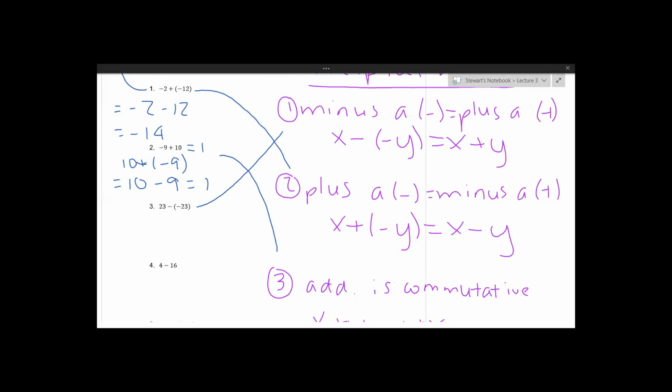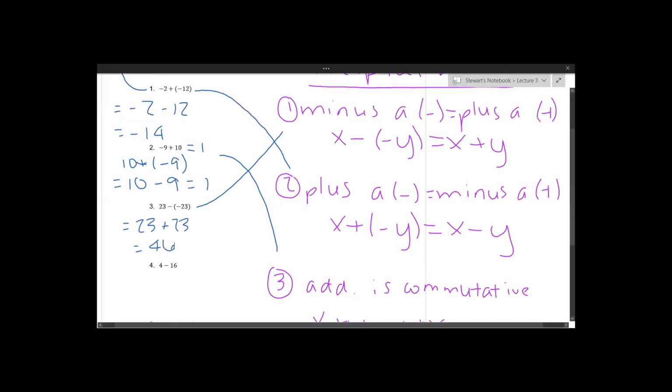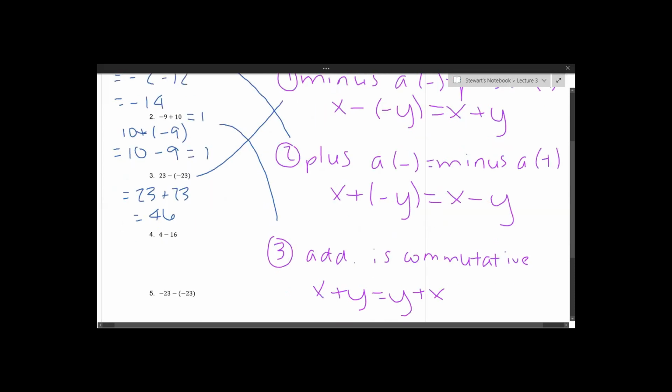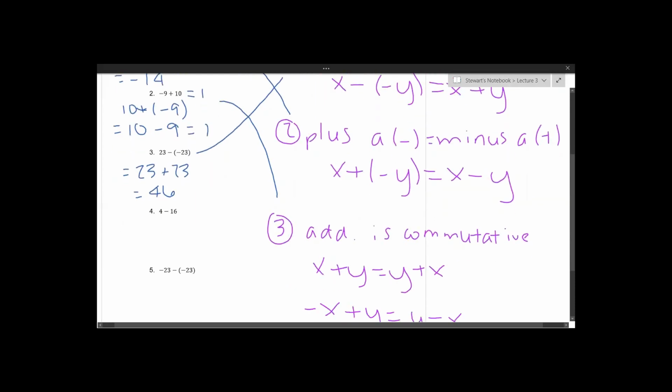You want to actually go in the positive direction, because you're reversing the negative. That's a way to think about it or justify it in your mind. But this we can change with that rule to 23 plus 23, which we know is equal to 46. And that is the end of that one. That's a nice, good demonstration for rule one with some concrete numbers, but it works in any case.